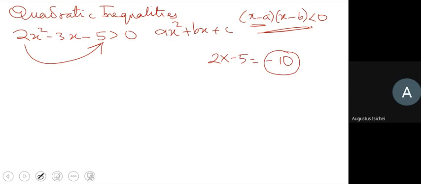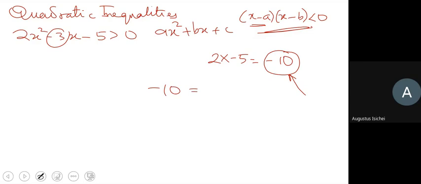You want to think of two numbers such that when you multiply them, you get minus 10, but when you add them, you get minus 3. I'm sorry about the earlier slip. So think of the factors of minus 10.